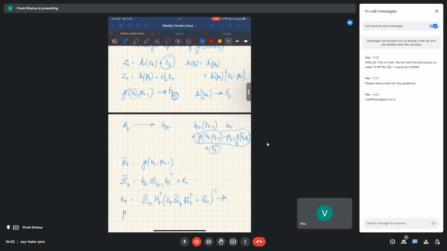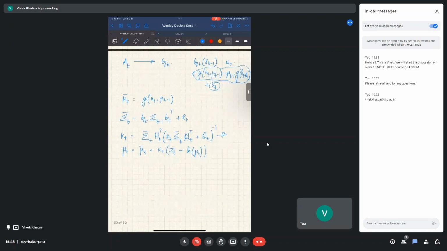And then we have the state, that would be the state prediction plus the new Kalman gain times z_t minus, here you don't directly replace H_t, rather this is nothing but h of mu bar. Because you know this function h that controls your measurement model, you directly substitute the value in it.